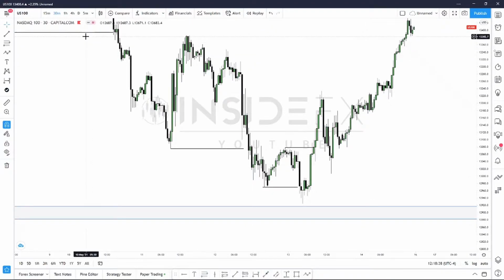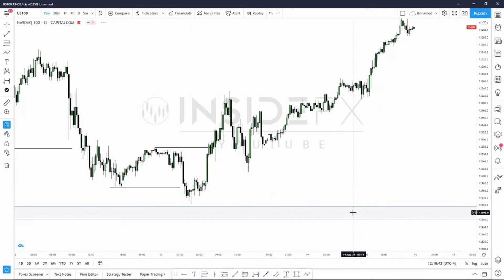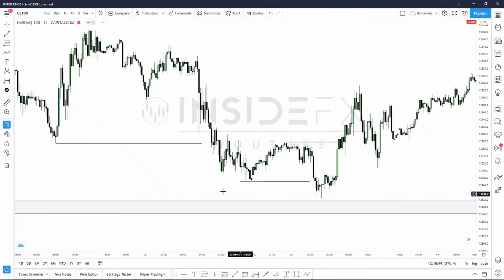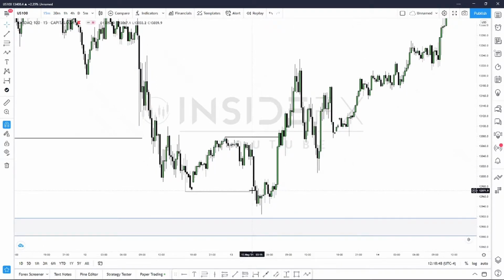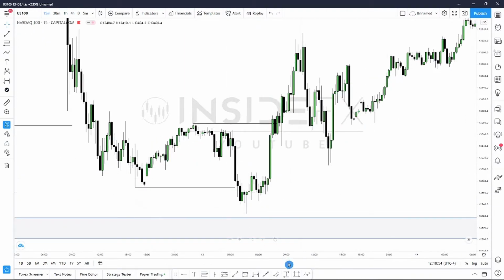Let's head to the 15-minute. You can see here, this was just the old low that price took out. Then if you head to the 5-minute, you will notice that this is also a structure break, this level right here.